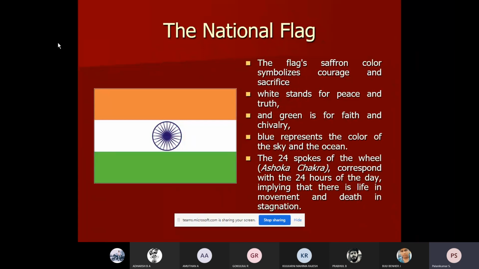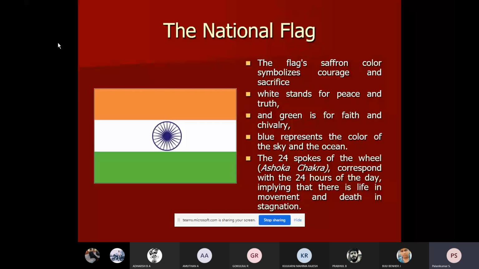As far as our Indian national flag is concerned, I don't know how many of you remember; this was studied at school level. The flag has saffron, which symbolizes courage and sacrifice; at the center, white stands for peace and truth; green is a symbolic representation of faith and chivalry; and blue represents the color of the sky and ocean.